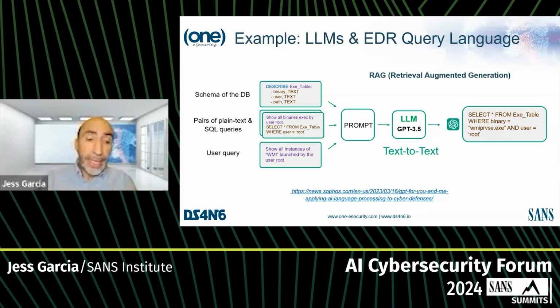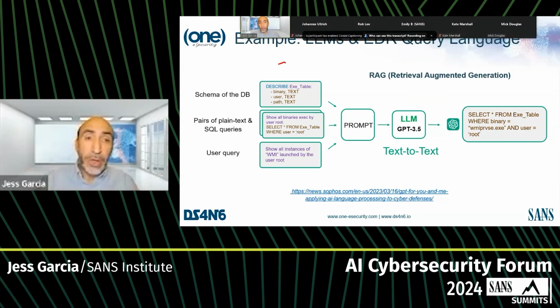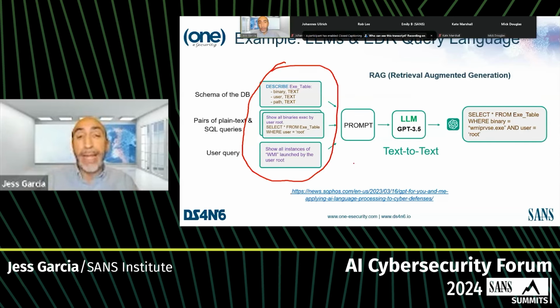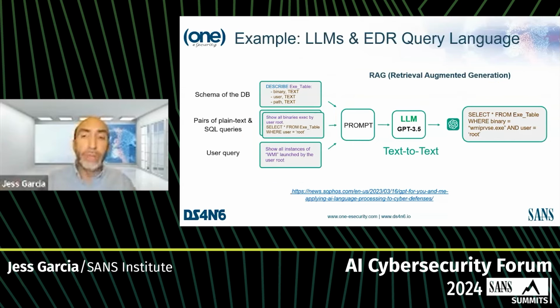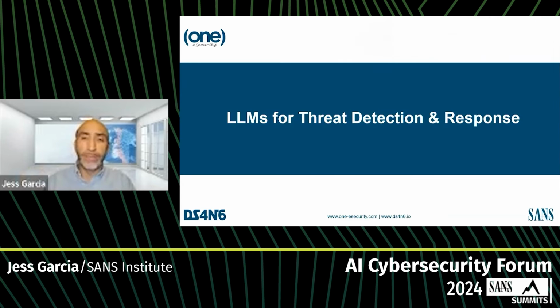So what you can do is provide this information about the schema, about the queries, and then provide your query, input that in the prompt, and then it will potentially generate a reasonably good query. Okay. This means that you still have the human to actually overlook what the results are.